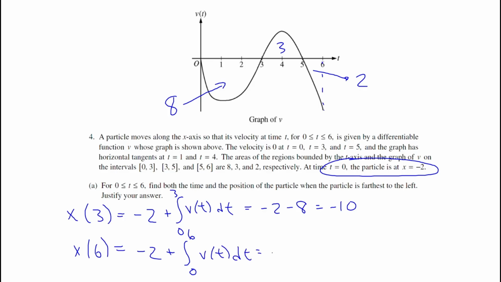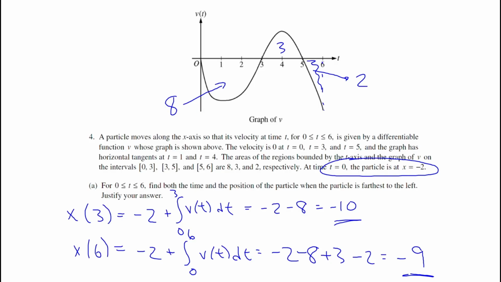The integral from 0 to 6 is a -8 and a +3, and then a -2 because this area is below the x-axis. That comes out to be -9. Since those are our only 2 possibilities, it must be farthest to the left at t equals 3, when it is at -10, since -10 is less than -9.